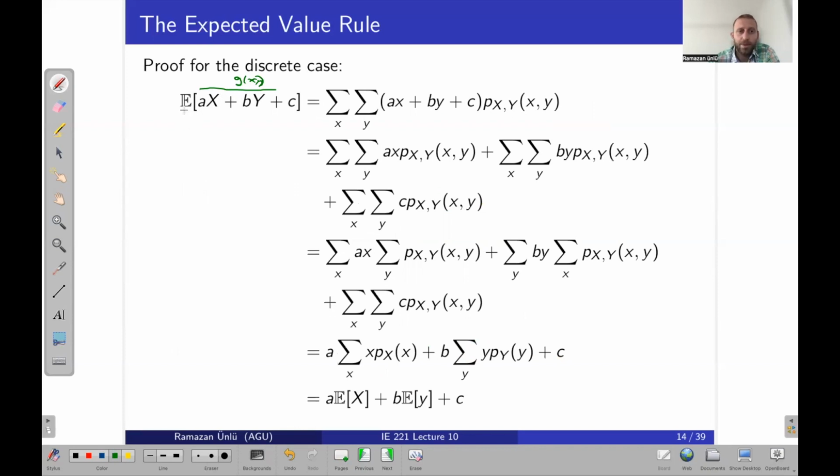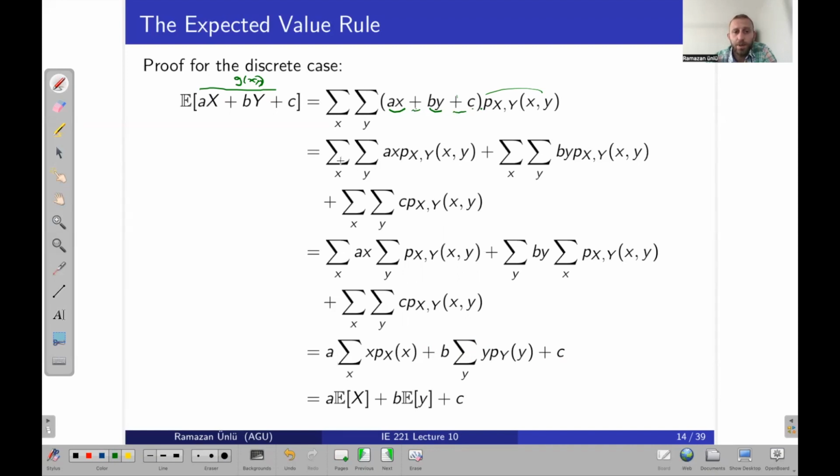So in this example, the expected value of ax plus by plus c is equal to the double sum of (ax plus by plus c) times the corresponding probabilities, right? Because that will be the expected value. I can just distribute these probabilities inside of the parentheses, and split the summation over these sums.